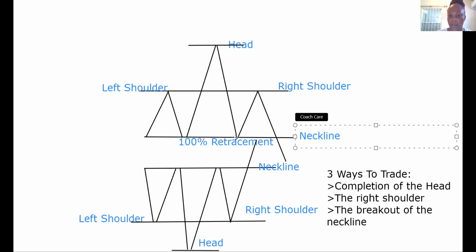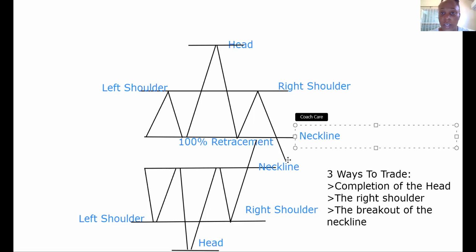You can buy, very risky though, from the neckline back up to the left shoulder resistance, and then you can sell from the left shoulder resistance to the neckline and beyond. But it's risky. That's why I say that it is really for the advanced trader. So if you're now starting off with this pattern, I would advise you to trade the breakouts only.